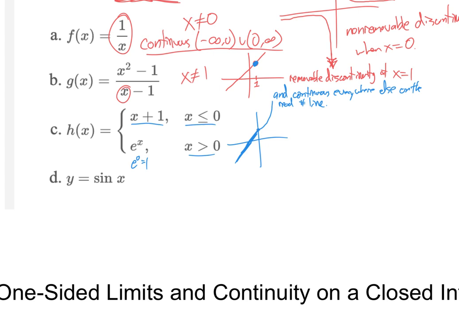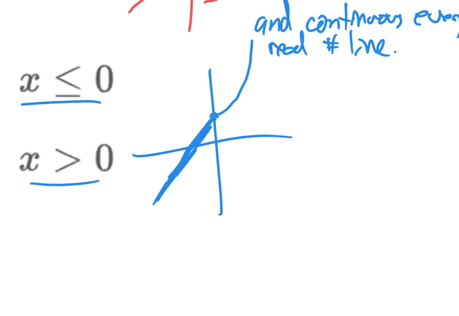Now, if the question is, is this continuous at this point? I know this line to the left will be continuous, or the function to the left that follows that line will be continuous, and the e to the x is continuous everywhere. So is it continuous? Well, what is the limit as we approach 0 from the left?